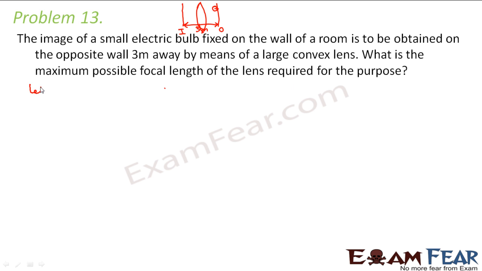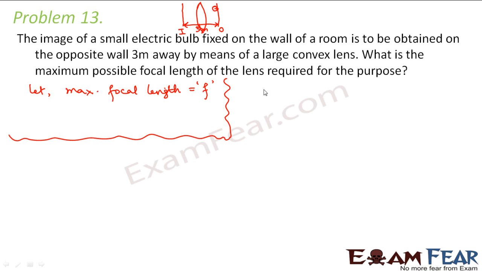So let us say that the maximum focal length required be f. Now before we solve this problem, let us talk about an important concept which we have not talked about so far. Now in this case, let us suppose the object lies here and the image lies here.